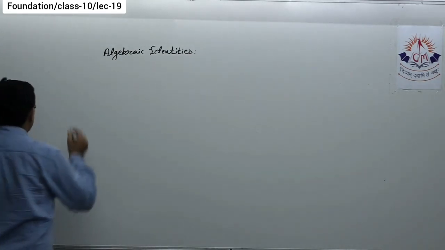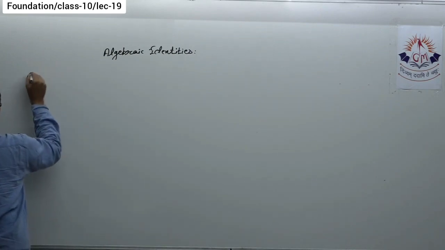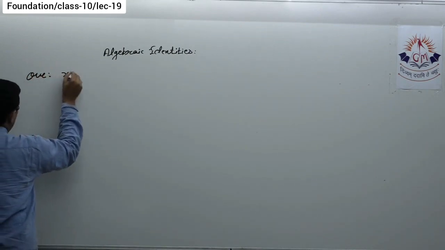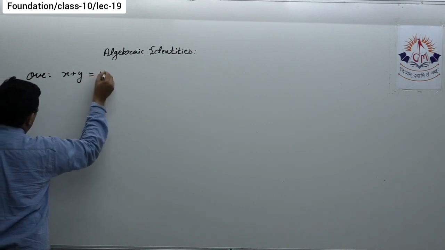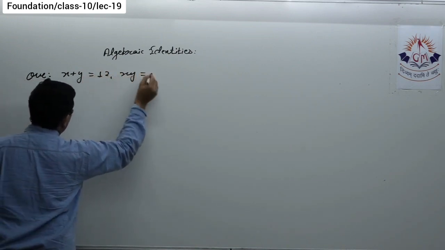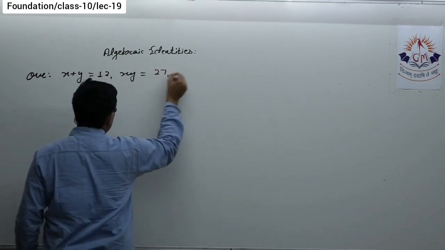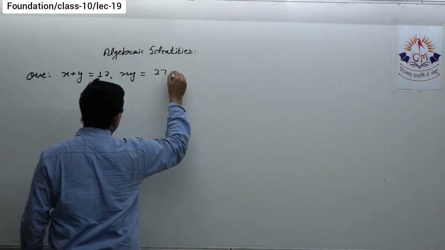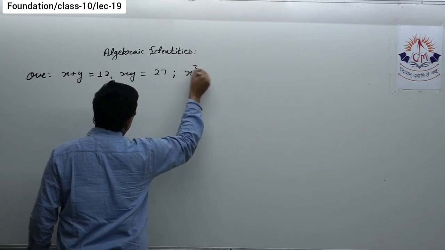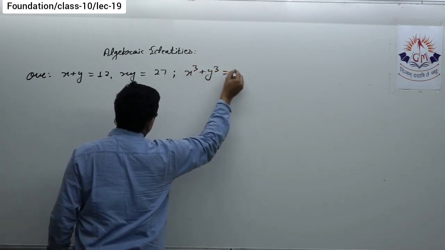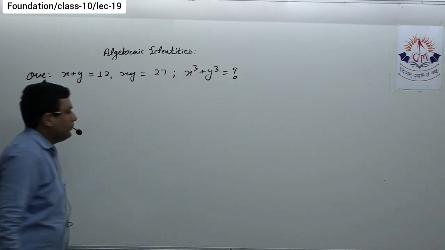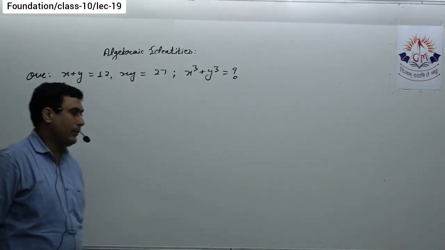If x plus y is equal to 12 and xy is equal to 27, find the value of x cube plus y cube. Now there are two ways to solve this type of question.